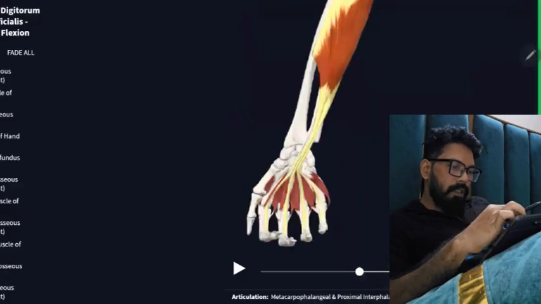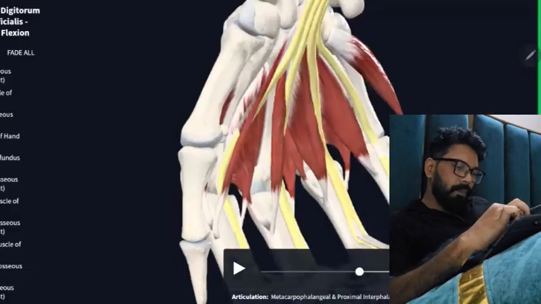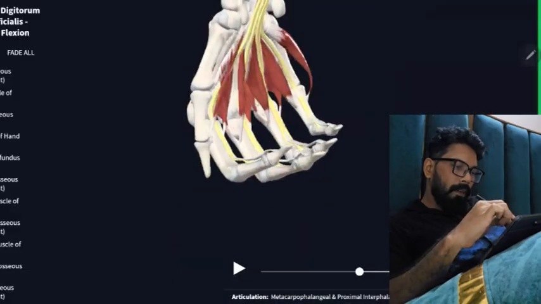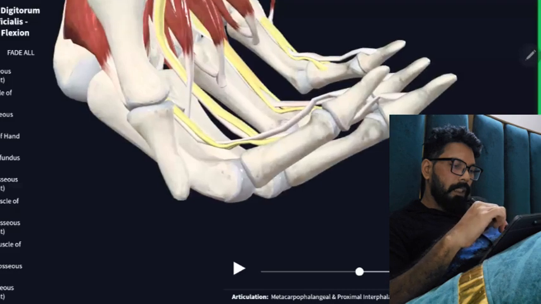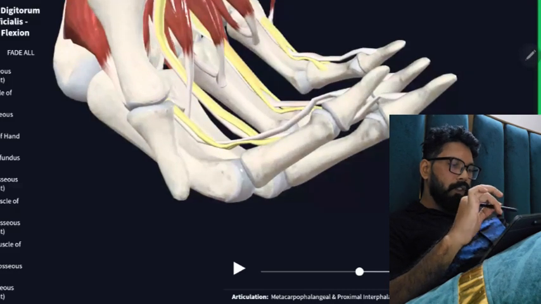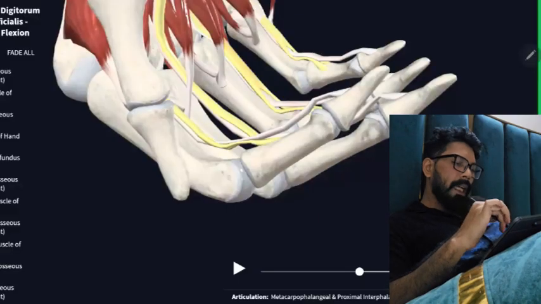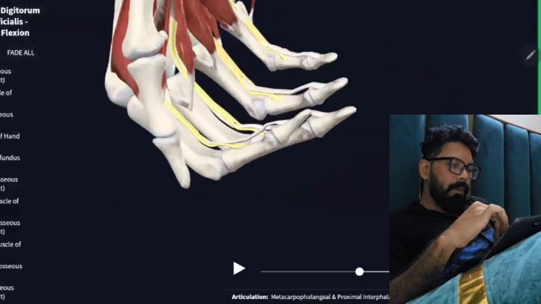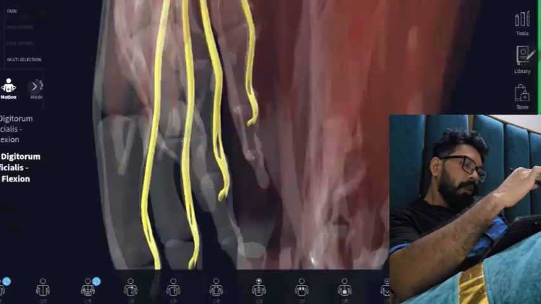I lost my hand. Sorry, guys. So this joint only. Only the proximal interphalangeal joint is flexed by your flexor digitorum superficialis. And of course the wrist, that's not important. I will tell you about that. About the PIP and DIP, I am telling. So that's why I'm saying that only the proximal interphalangeal joint is flexed by flexor digitorum superficialis.